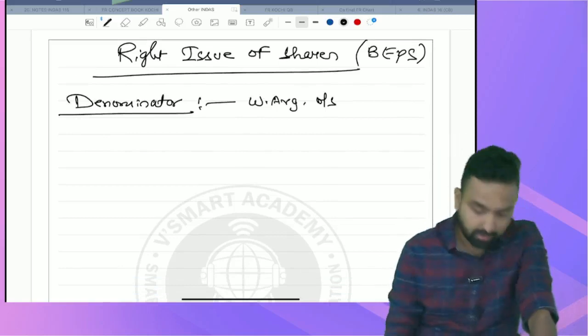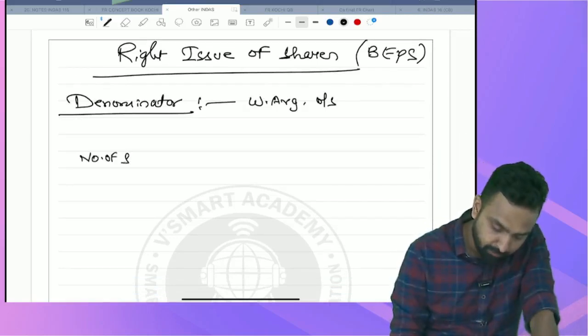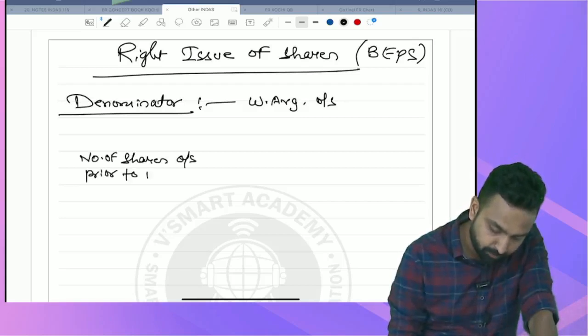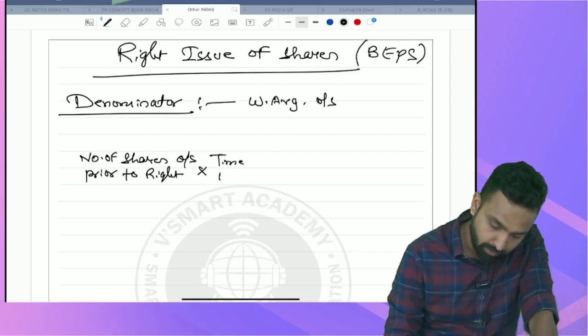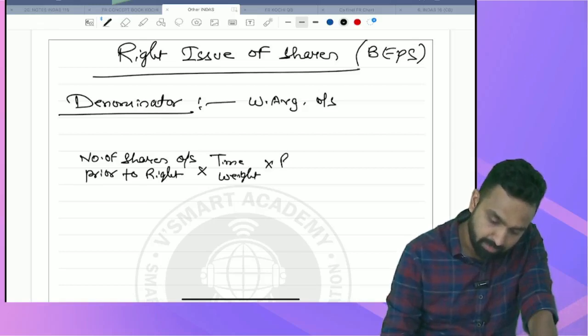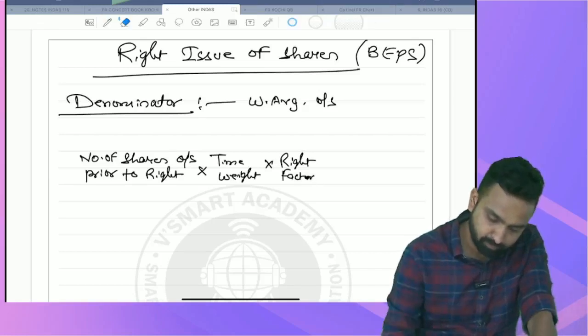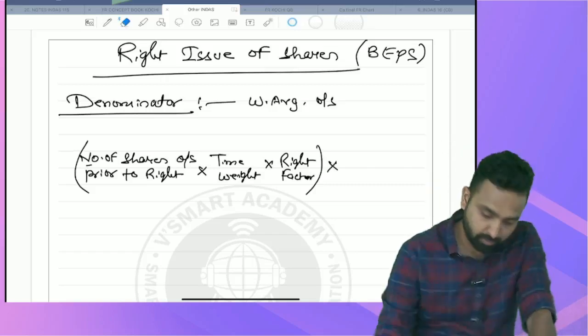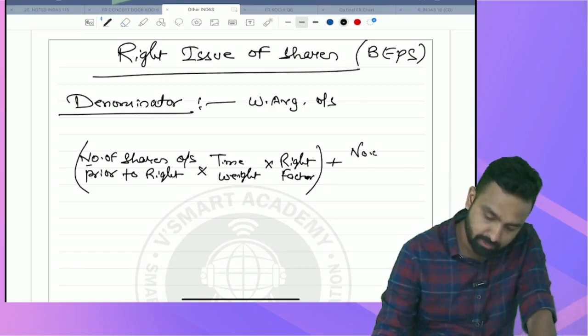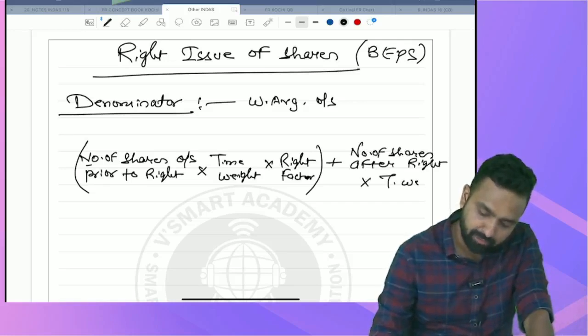It's basically number of shares multiplied by time weight multiplied by right factor, plus number of shares after right issue multiplied by time weight.